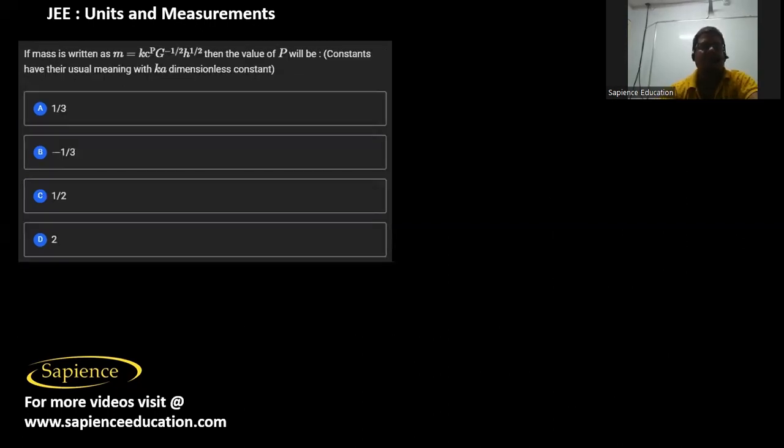Then here it is told if mass is written as m equal to k c power p G power minus half h power half, then the value of p will be.